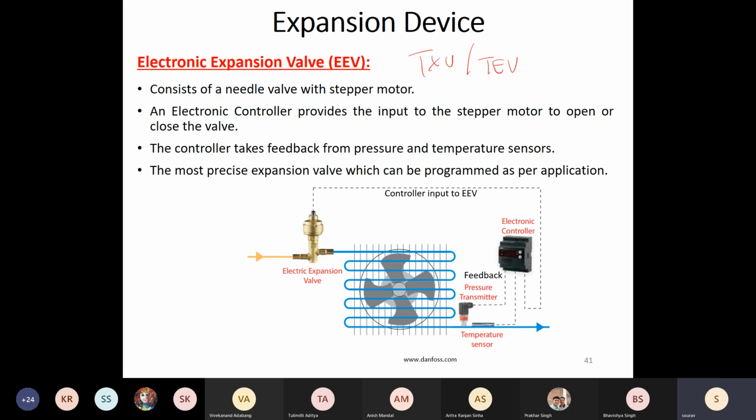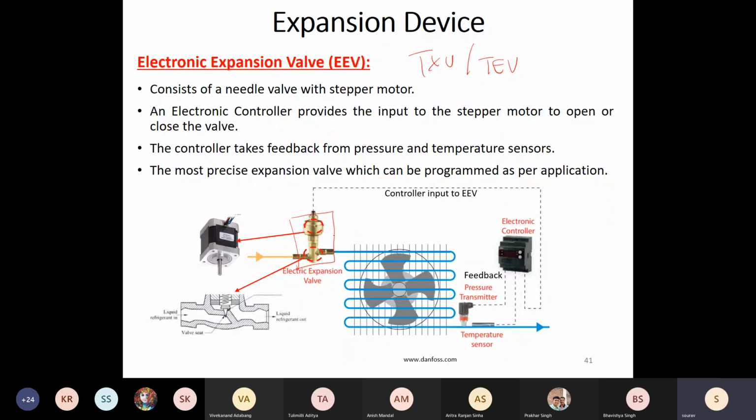Now, if you have to mimic the same thing by an electronic system, first of all, you need a mechanical valve, which will open and close based on some feedback from the electronic circuit. The most common one is using a needle valve with a stepper motor on the top. So you can provide the signal to this stepper motor to appropriately rotate the stem of this needle valve so that you open or close the orifice.